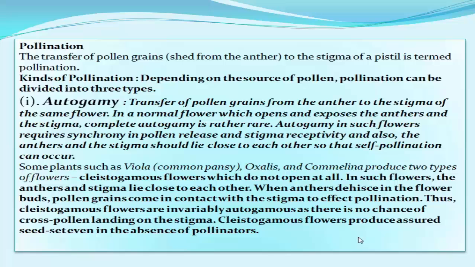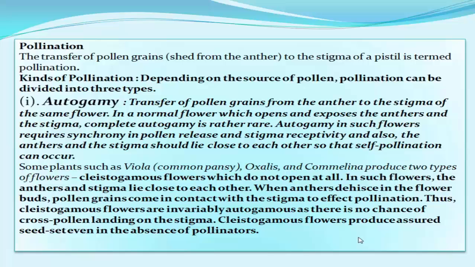To execute the autogamy, some conditions of the flower are required, such as synchronization in the maturity of the stigma and anther. That means when anther releases the pollen grains, stigma should attain the maturity to receive the transferred pollen grains.